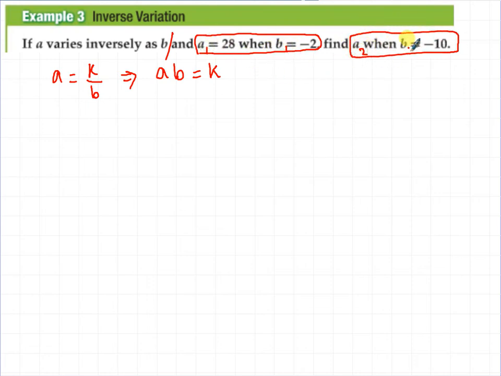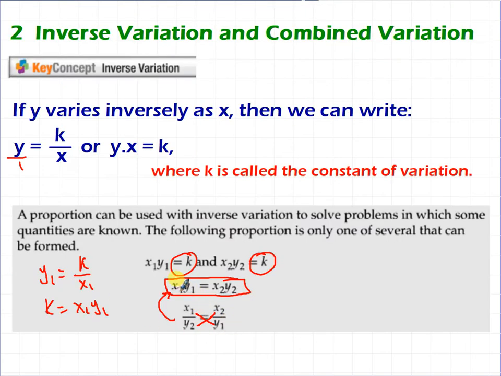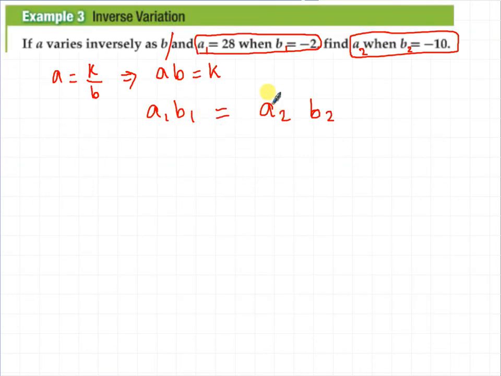From this I can write a1 b1 is equal to a2 b2, as we saw here. Here I have x1 y1, x2 y2. In this example I have a1 b1, a2 b2. So once I set up my equation, I can solve for any variable.